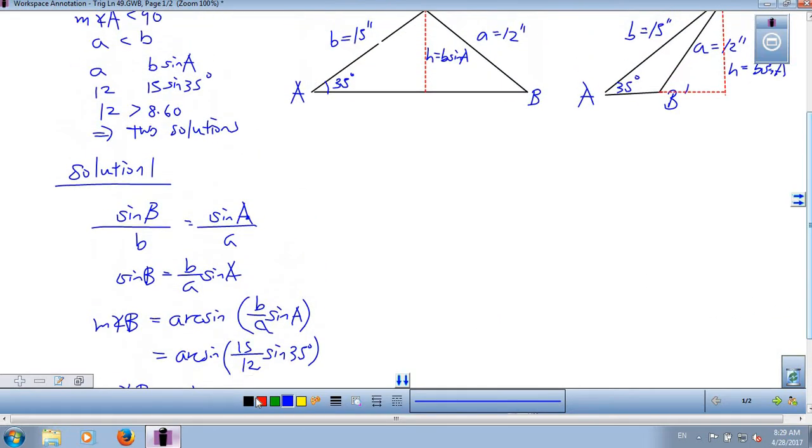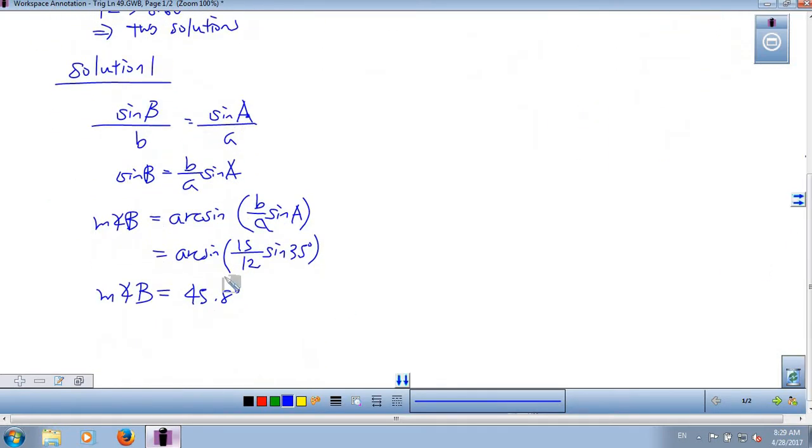So let's go ahead and write this down. 45.8 degrees. I said it wrong. That's 45.8 degrees. Alright, so this will allow me to go ahead and calculate angle C. So measurement of angle C will be 180 subtract measurement of angle A, which is 35, and subtract measurement of angle B, which is 45.8 degrees.